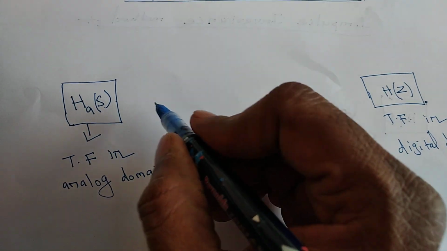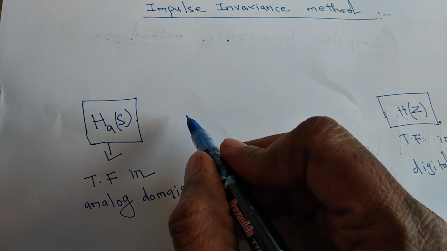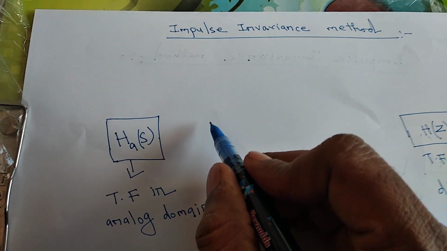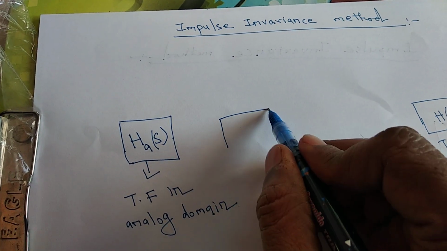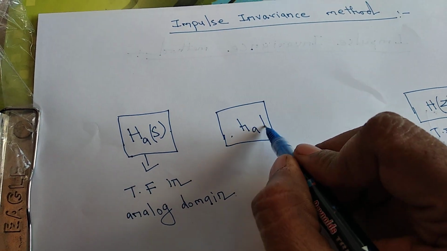So first is H of s, then the H of s is converted into H a of t.